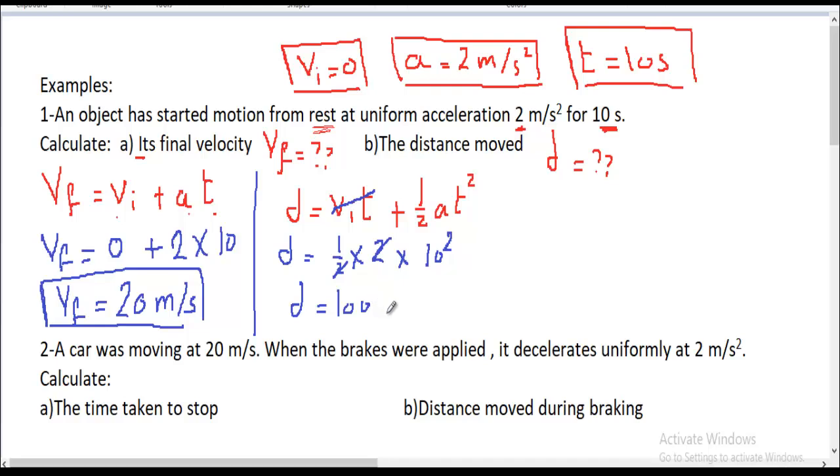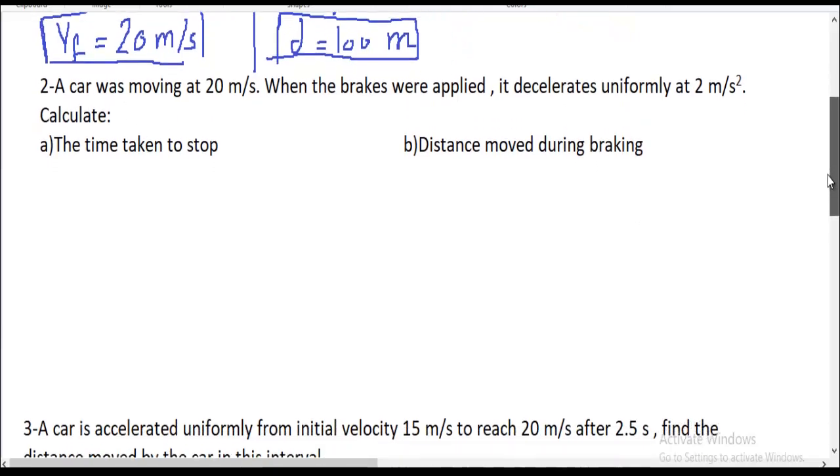The unit here will be meter, because you have the acceleration in meter per second squared and time in second, so this displacement will be in meter. Okay, I hope that you understand what we solved.